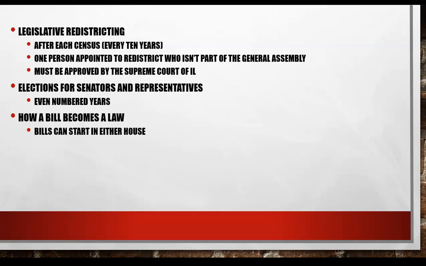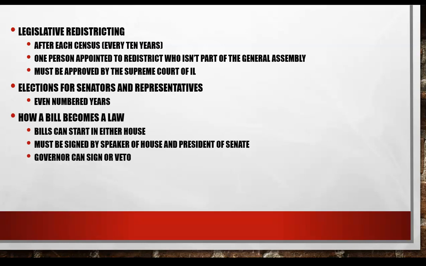But once that bill passes both the House and the Senate, that's where things get a little bit different. It has to be signed first by the Speaker of the House and the President of the Senate. So bills in Illinois actually require 3 signatures, whereas federal bills only require the president's. So once they pass both houses of the General Assembly, they have to be signed by the Speaker, they have to be signed by the President of the Senate, then they go to the governor's desk.